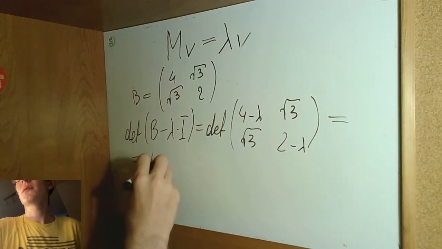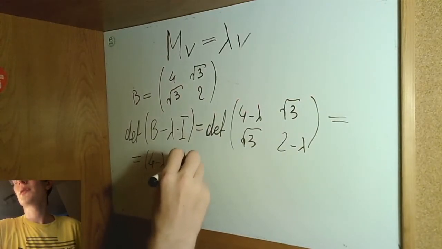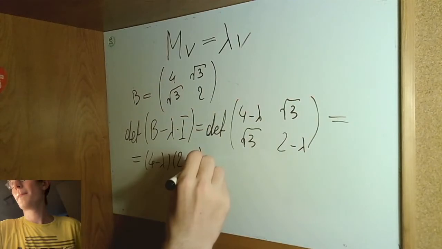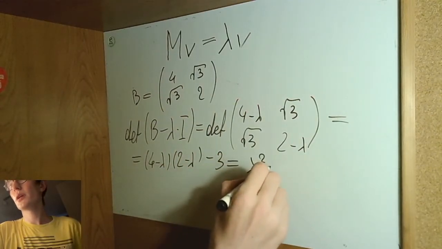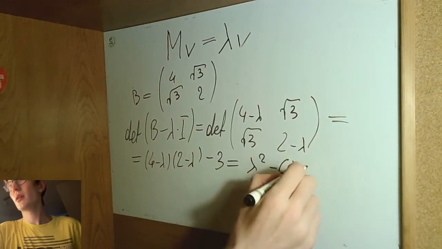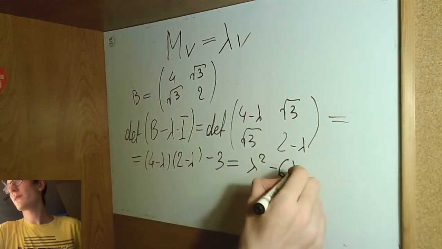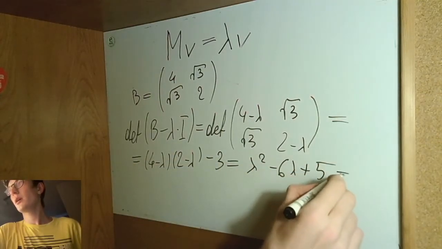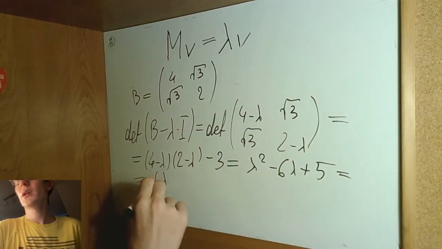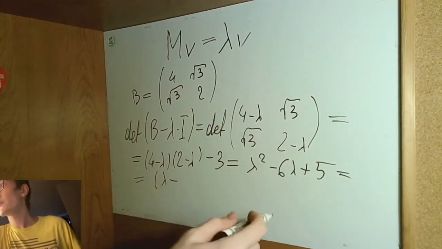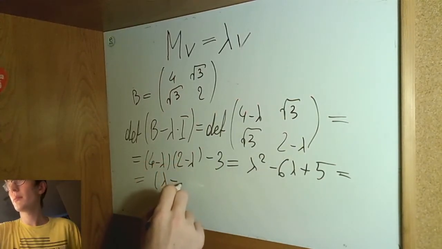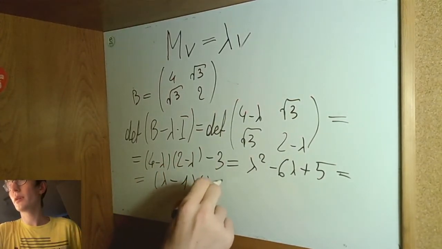And this is 4 minus lambda times 2 minus lambda minus 3, right? So we have lambda squared minus 6 lambda plus 8 minus 3, so it's 5. And here, as previously, we want to find roots, so it's lambda minus 1 and lambda minus 5, right?